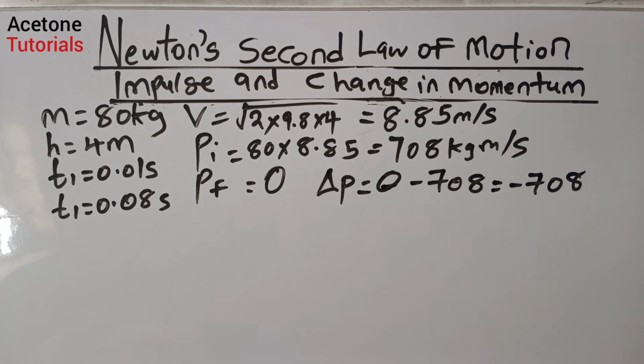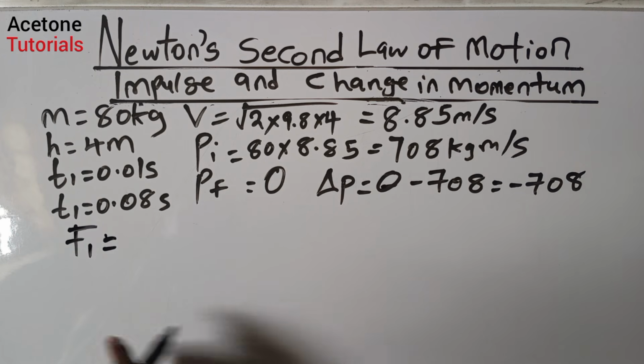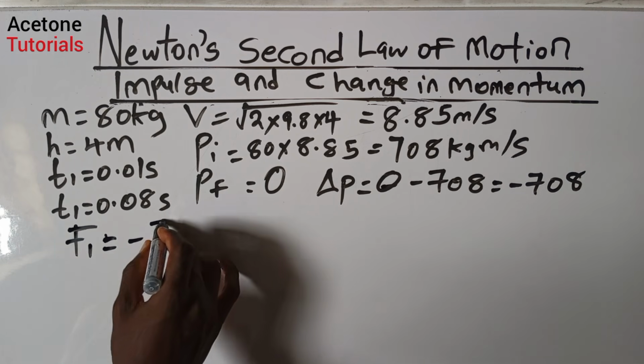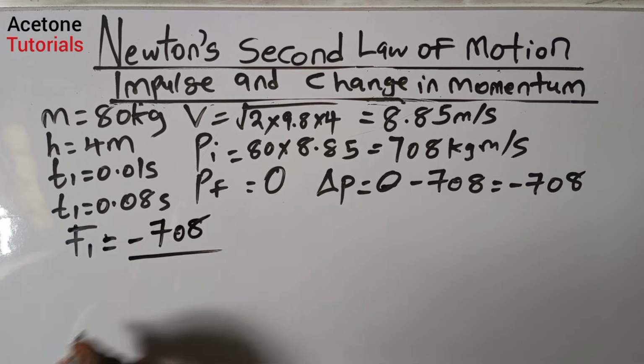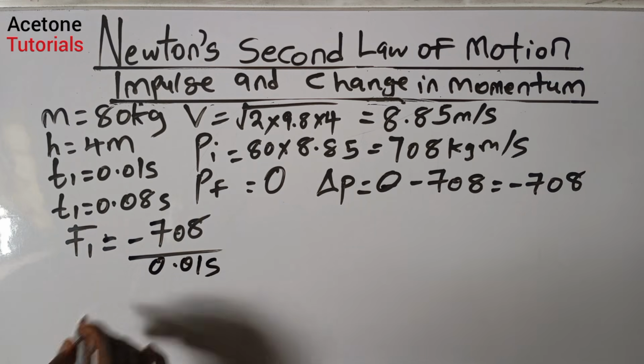So we can now calculate the force on the man for both cases. The change in momentum is the same for both cases, but the force will be different since the time is different. So for the first one, F1 equals the change in momentum, which is minus 708, over the change in time, which is 0.01 seconds.